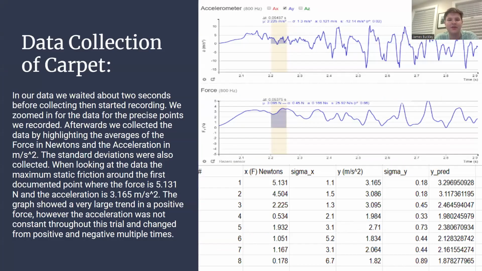Data collection of the carpet. Shown above is the graph for the acceleration, and below is the force. As you can see, the highlighted region represents how we got our data. We got the averages of the force and the acceleration and placed them in the units right here, and we also got the standard deviations.